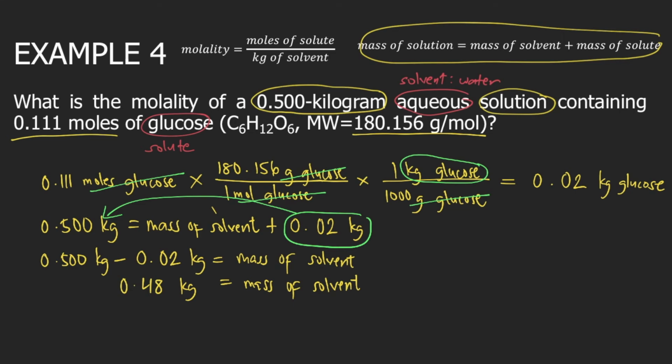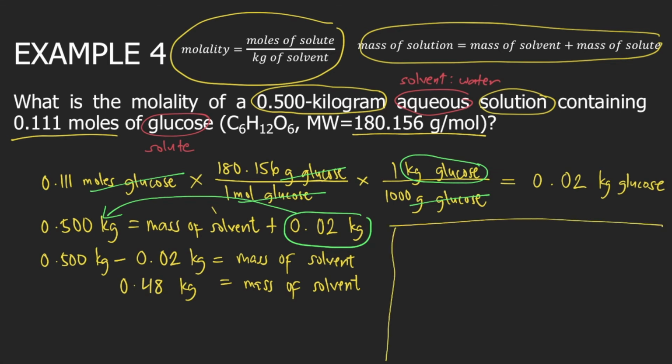Now that we have the moles of solute and the kilograms of solvent, we can go back to this formula to solve for molality. So let's just make a little box. Molality is equal to the moles of solute. So that's this one, 0.111 moles divided by kilogram of solvent.